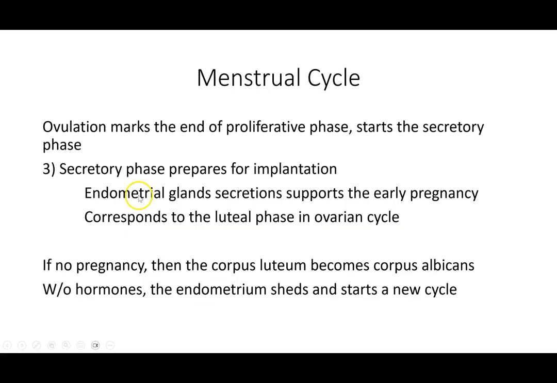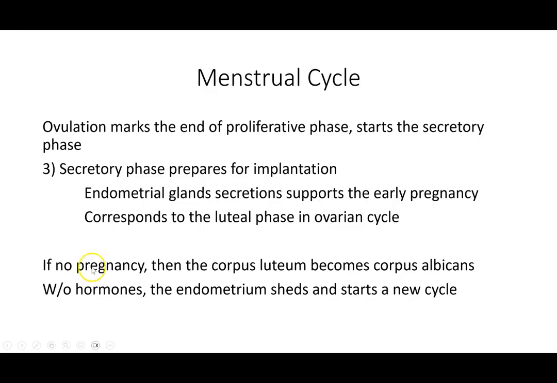There are special glands in the endometrium that are going to secrete different substances that will support early pregnancies, and this will correspond to that luteal phase in the ovarian cycle. So ovulation has happened. We have that corpus luteum producing progesterone still, which helps maintain that endometrial lining, in addition to these other secretions to help support early pregnancies.